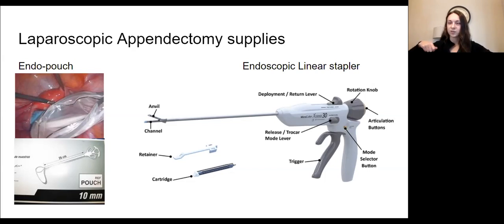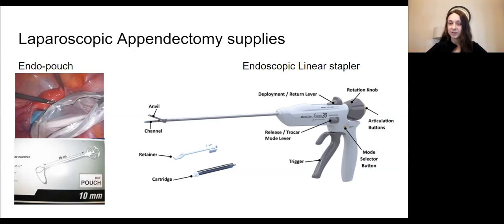They're going to cinch that string closed and pull that specimen safely out through one of those trocar incisions. They usually have to take the trocar out and then pull that specimen out, and it's already in a bag for you. Very convenient. So endo catch and endoscopic linear stapler. When you think appendectomy, I want you to think stapler.